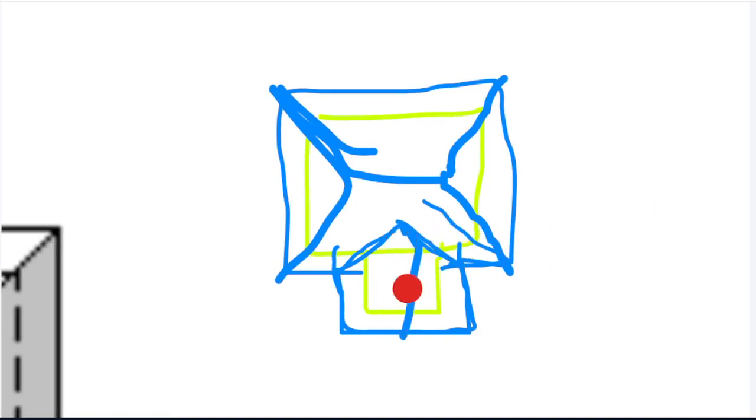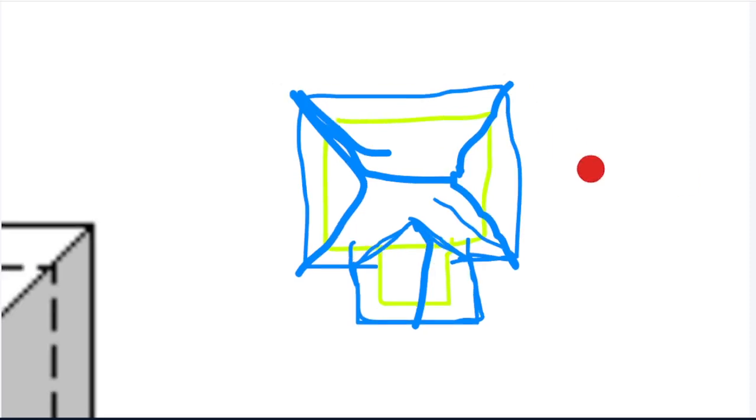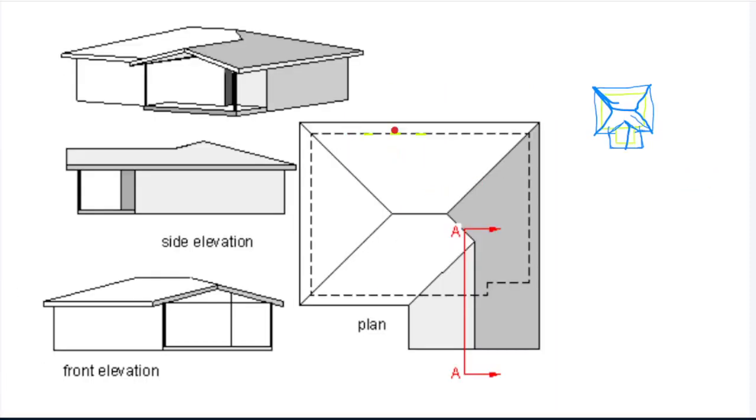Look at those hips, those valleys, and those 45-degree lines for this plan, which exist here. Most of you didn't consider those dashed lines, which are considered as the roof plan. Have you understood this technique of drawing the roof?